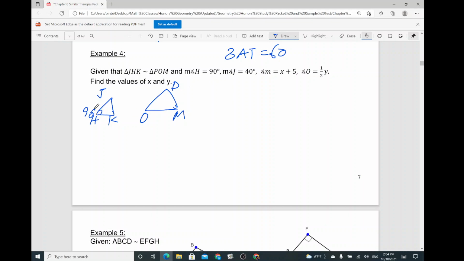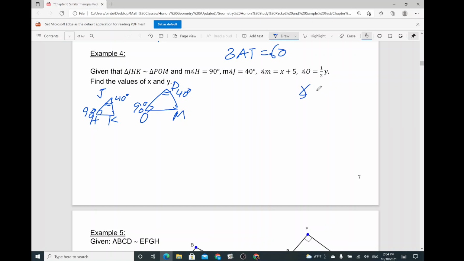So that means angle O is also 90 degrees. The measure of angle J is 40, so that means the measure of angle P is also 40. And then the measure of angle M is x plus 5. Angle Q is 1/2 y. So let's find the values of x and y.